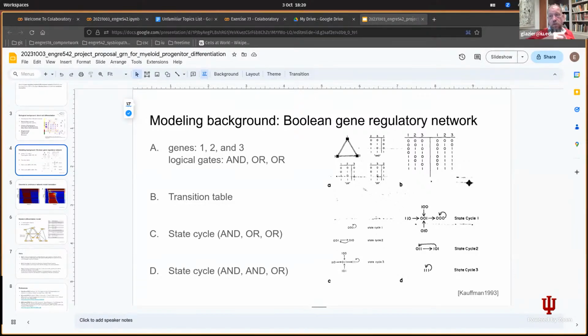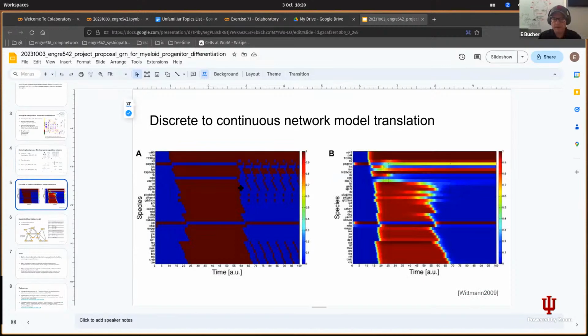When you move to a reaction kinetic formulation, you don't have those delays anymore. If you want to implement those delays, you have to put them in by hand. And when you have delays, you tend to get oscillations. That's typical, and that's what we see here. When you eliminate those delays, instead you get an intermediate steady state, which you see.